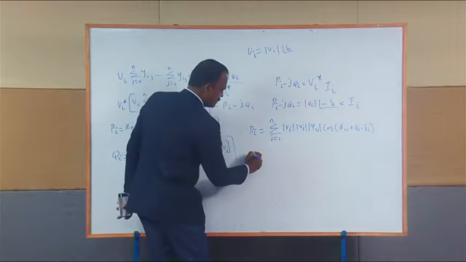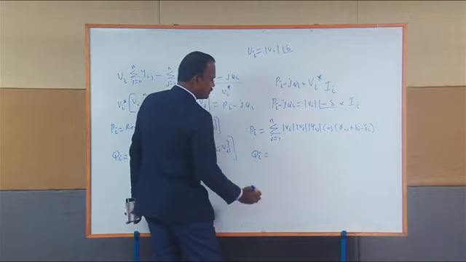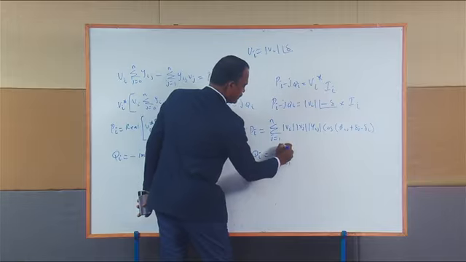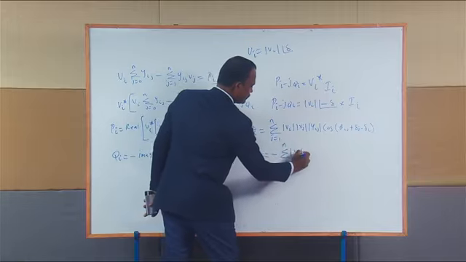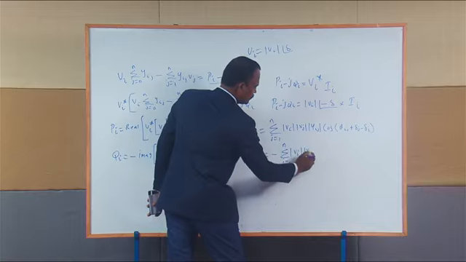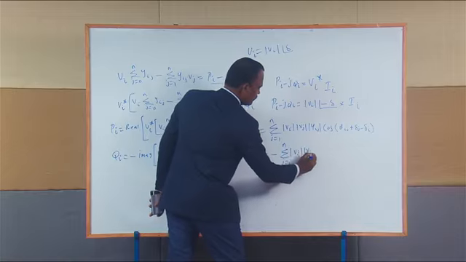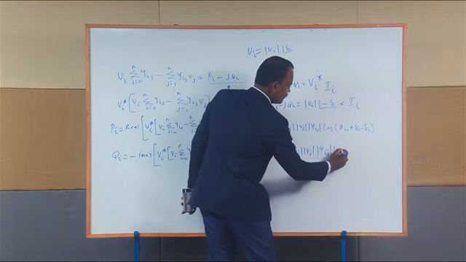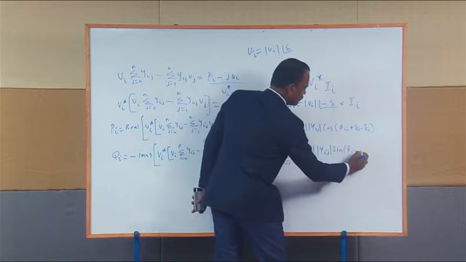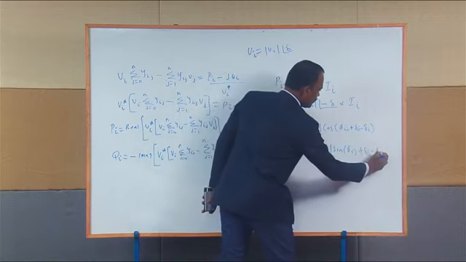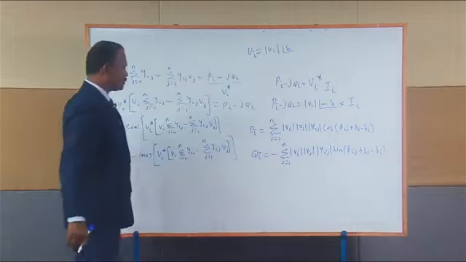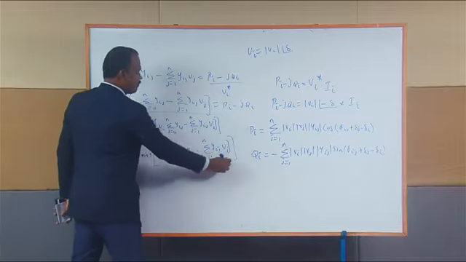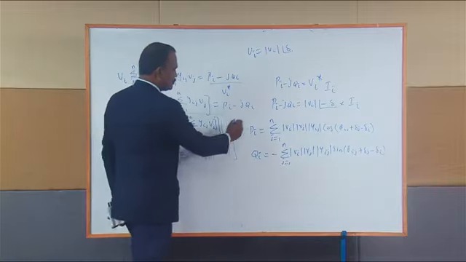Similarly, I can write the equation for reactive power Qi, that is equal to minus sigma j equal to 1 to n, modulus Vi Vj Yij sine of (theta ij plus del j minus del i). Okay, so we derived the power flow equations in rectangular form as well as in polar form.